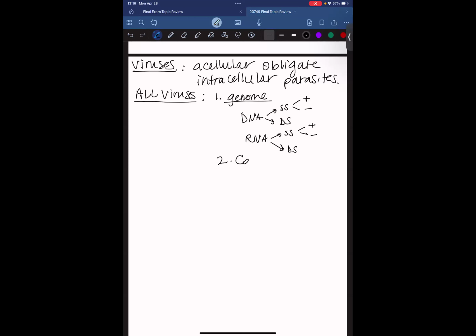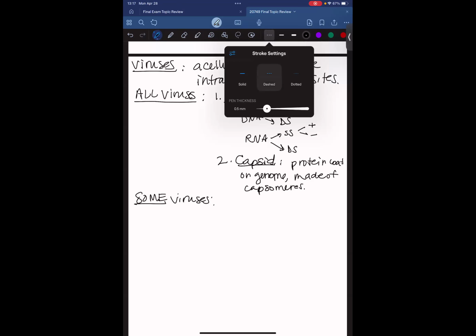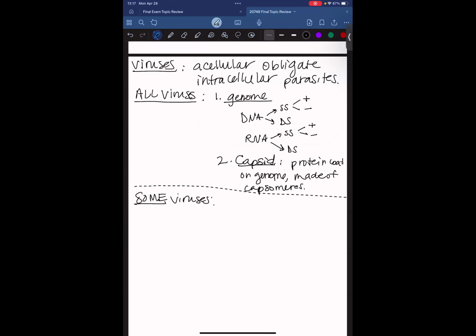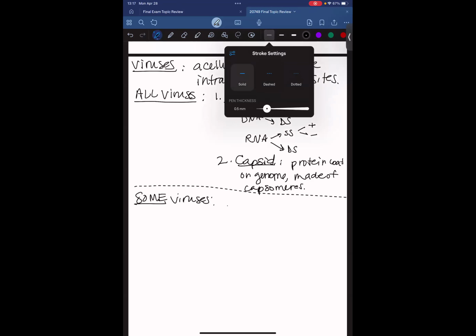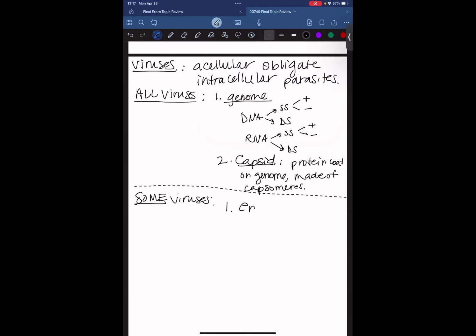And they also have to have something else called a capsid. And a capsid is the protein coating on the genome. And it's made of parts called capsomeres. Some viruses might have an envelope.